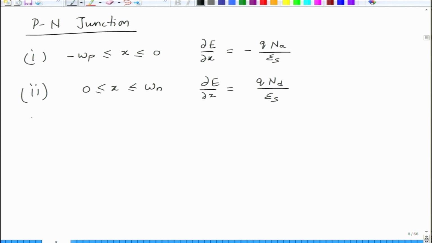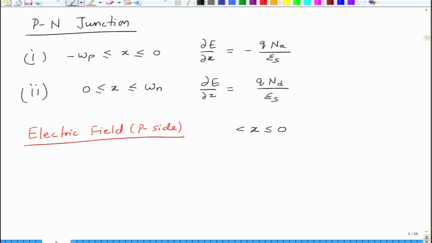Now, if you look at the electric field, first look at the electric field on the p side, which means we are talking of x between minus Wp and 0. So, this is the p side, this is the n side.